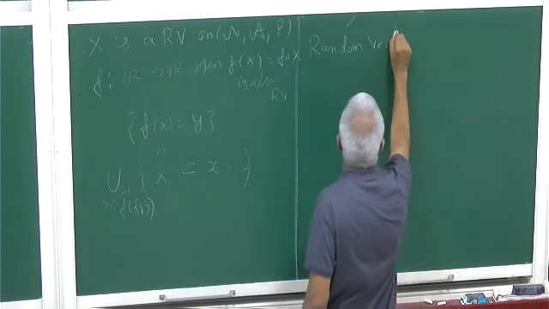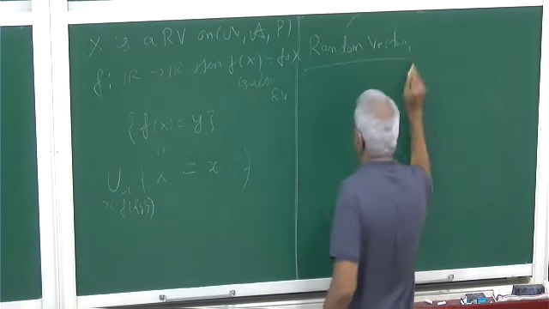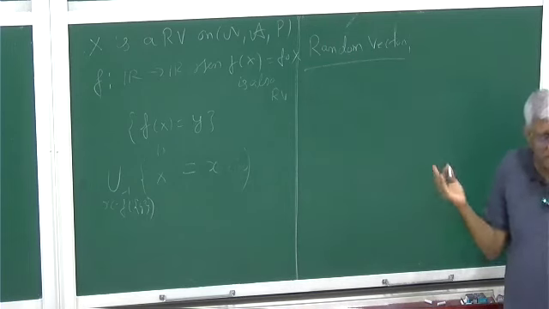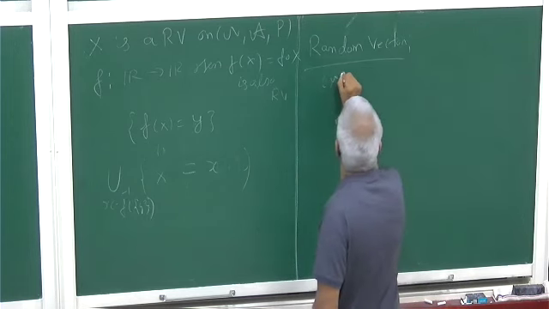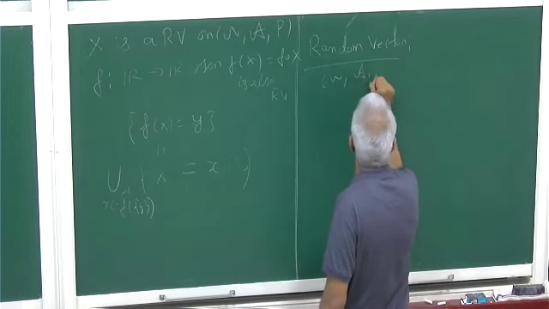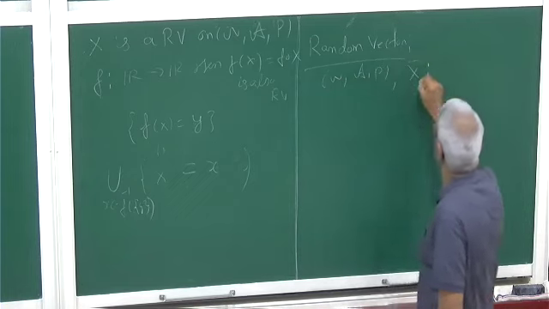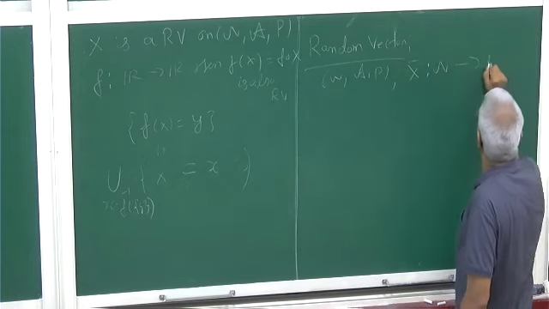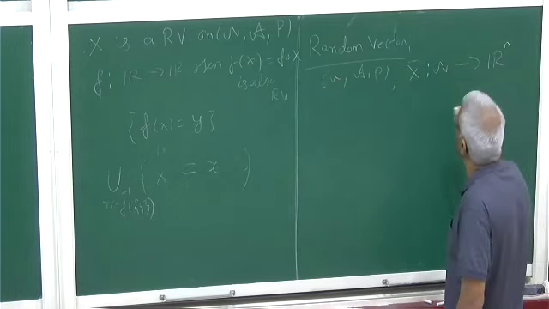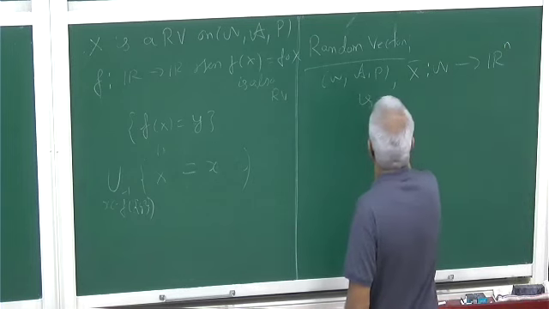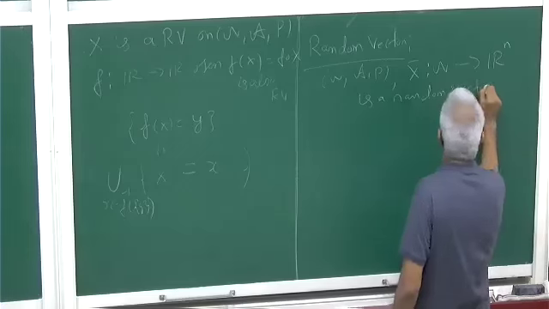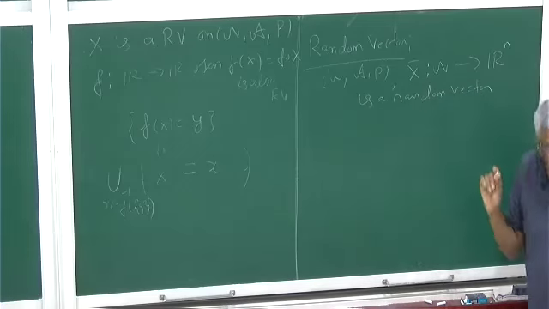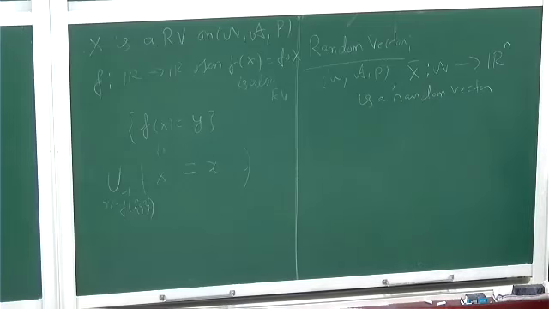So now we want to talk about a similar concept called a random vector. It's the same thing, except the range space is Rn, that's all. So if you have a probability space (omega, F, P), then X bar from omega to Rn or Rk is a random vector. If omega is discrete, then there is no need to say anything further.